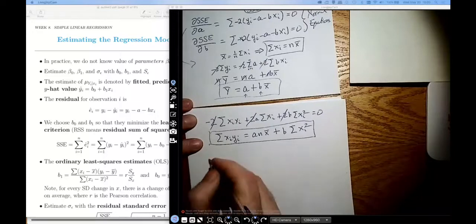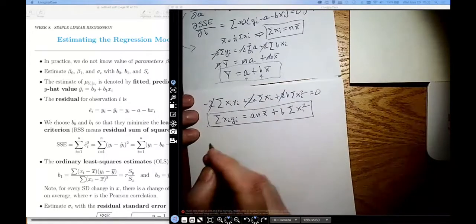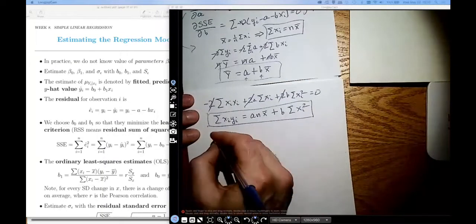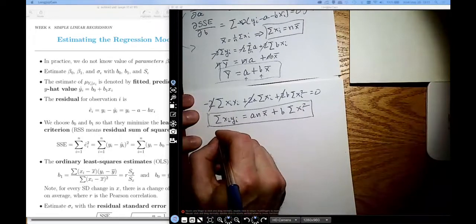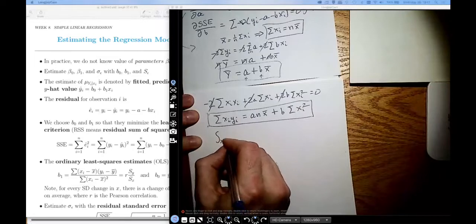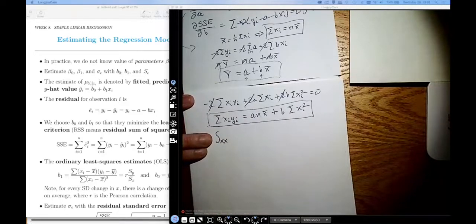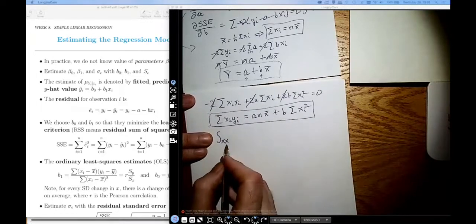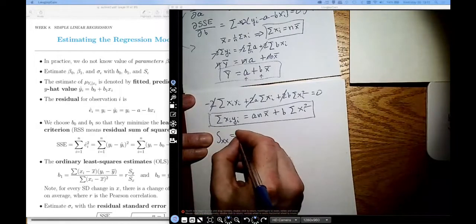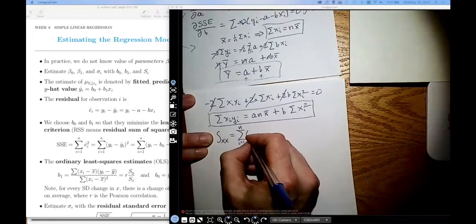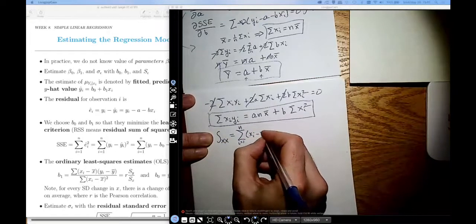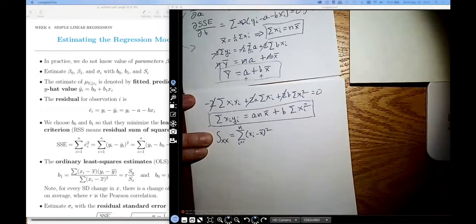Before I do that, though, I need to establish another symbol that's going to help me streamline the algebra. This is a symbol that is used pretty universally in statistics books. It's S sub xx. And so S sub xx is going to be this quantity: sum i equals 1 to n of xi minus the mean, squared.